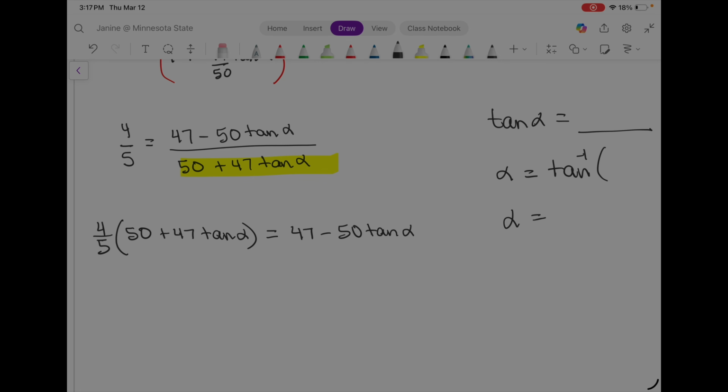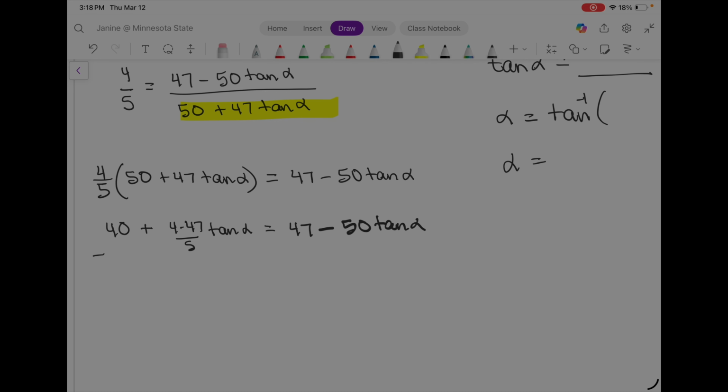Okay, I'm going to distribute my 4/5. This will give me a 40. Now that'll simplify to 10, right? And then plus whatever 4 times 47 over 5 tangent alpha is. And this equals, okay.